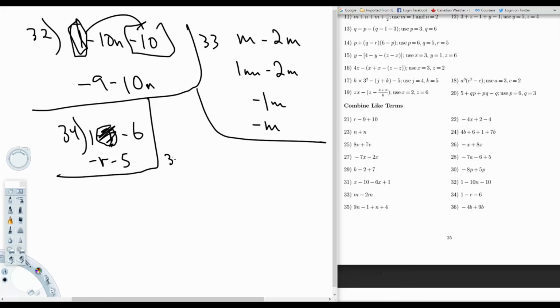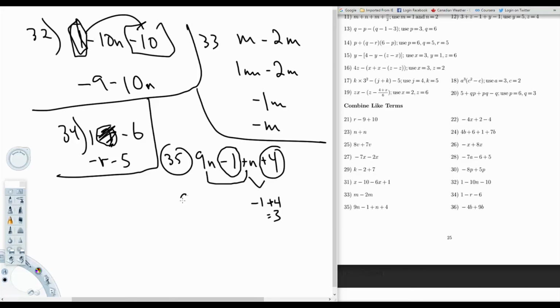Moving along, 35 now. 9n minus 1 plus n plus 4. So just put the regular numbers together. So we have minus 1 plus 4. Minus 1 plus 4. And that equals 3.